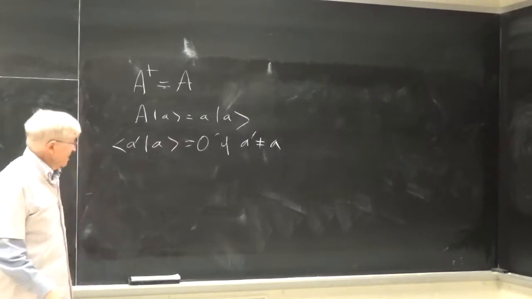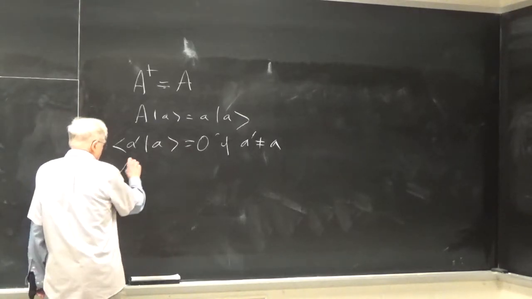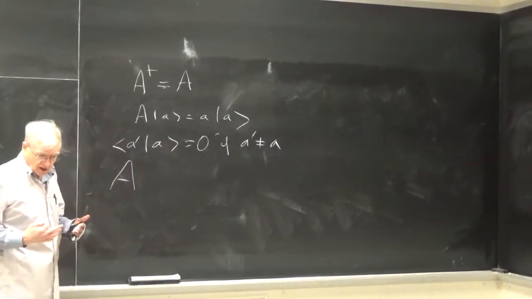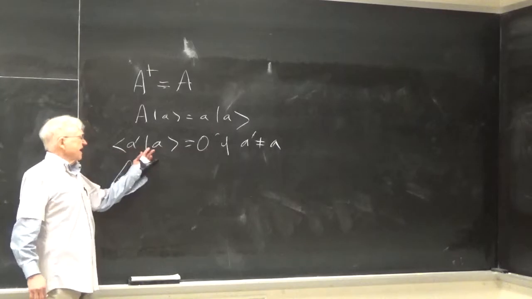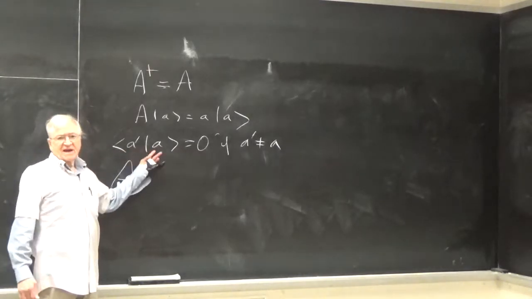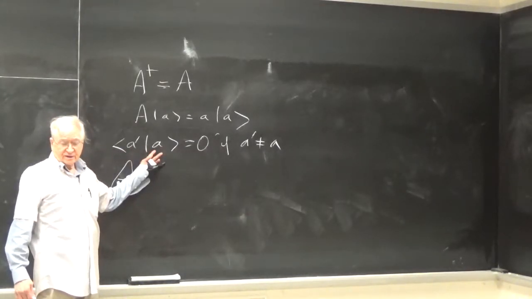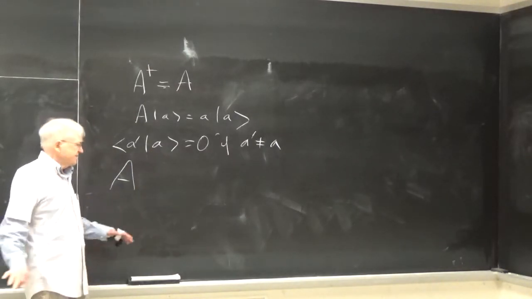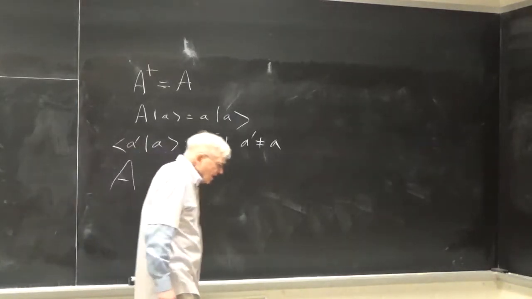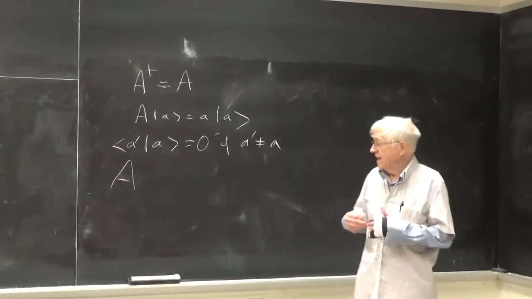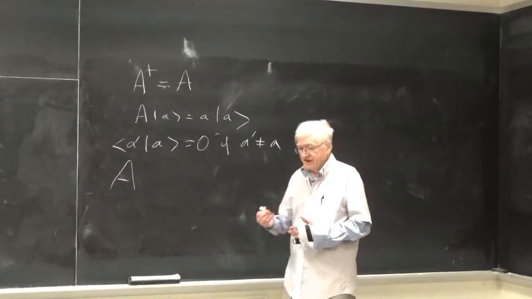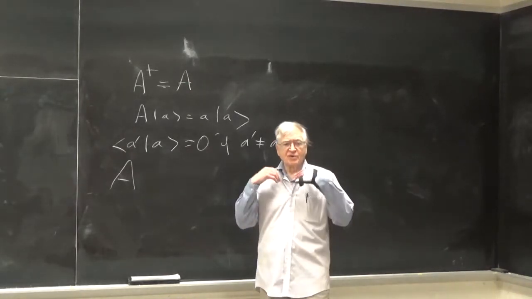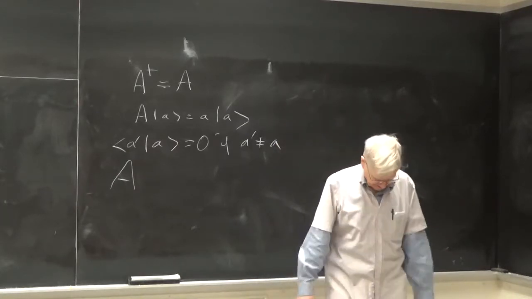And I also mentioned that it has n eigenvectors and n eigenvalues. If the eigenvalues are all different, we're home free, and the n eigenvectors are all orthogonal, and you can normalize them, so you have an orthonormal basis of n eigenvectors.